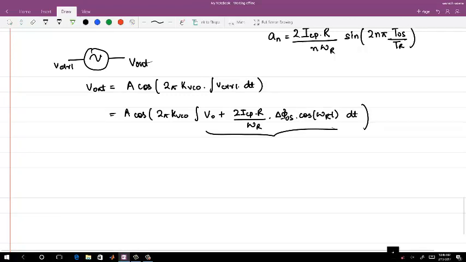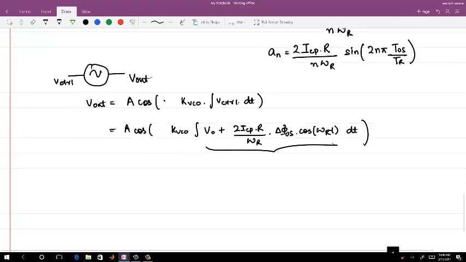Whether 2 pi is before KVCO or not depends on whether I am using KVCO as hertz per volt or radian per volt. So let's keep KVCO in units of radians per second per volt.